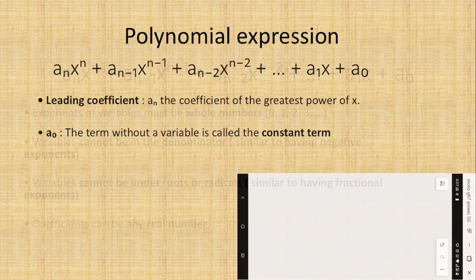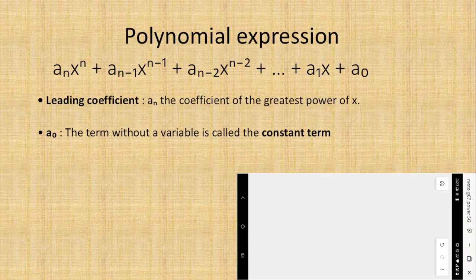For a polynomial expression, we have something called the leading coefficient. So what is the leading coefficient? Now leading coefficient is the real number which is in front of the variable which has the highest power. So first we have to locate the term which has the highest power, and then the real number in front of it is known as the leading coefficient. So let's see an example.